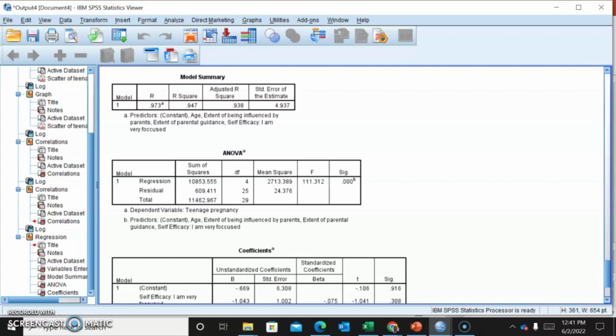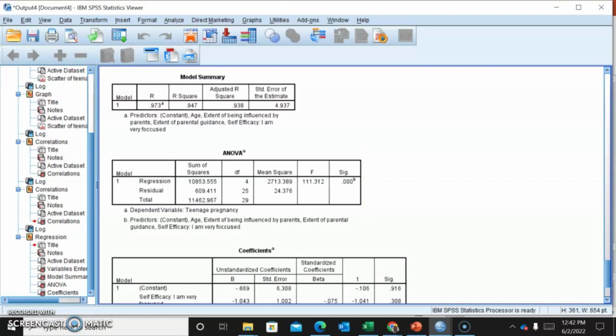Here we find 0.947, and we convert it to a percentage by multiplying by 100, so we get 94%, which means that our model, our theory, is 94% correct in explaining the phenomenon of teenage pregnancy.